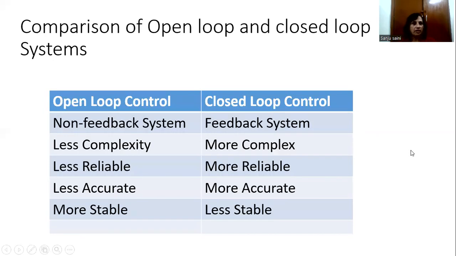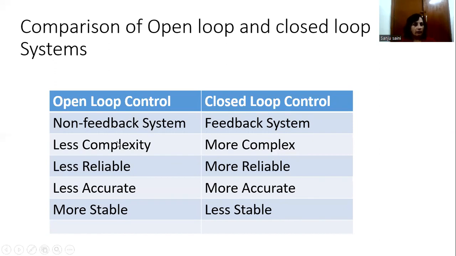If we compare open loop and closed loop systems, we can see that there is no feedback in the open loop system, and it is present in the closed loop system. Then comes the second point of comparison, complexity.